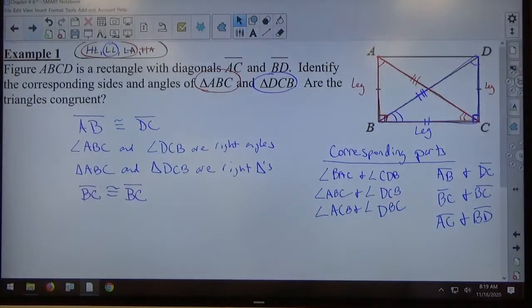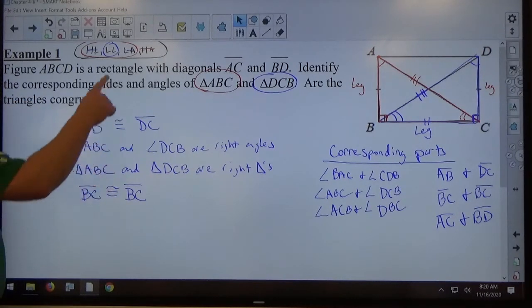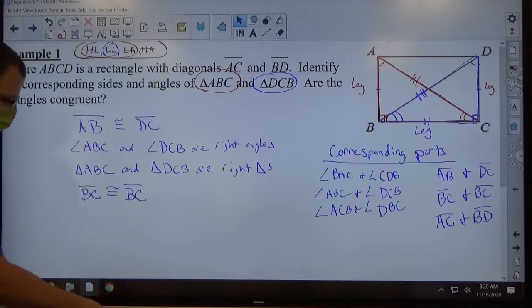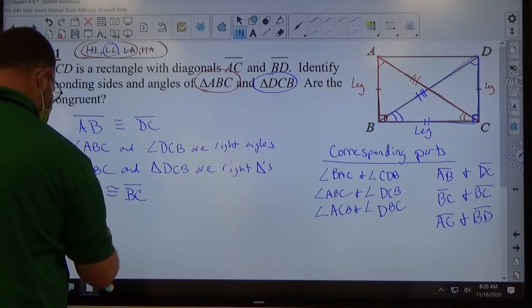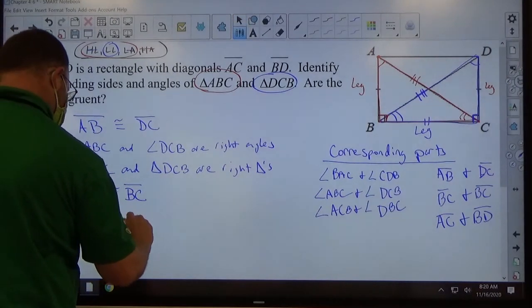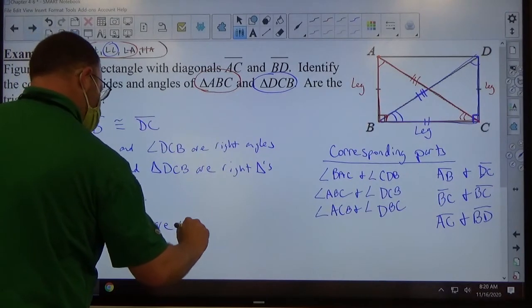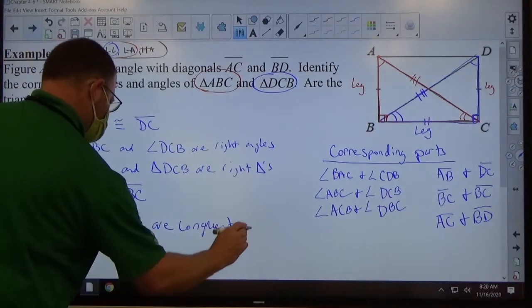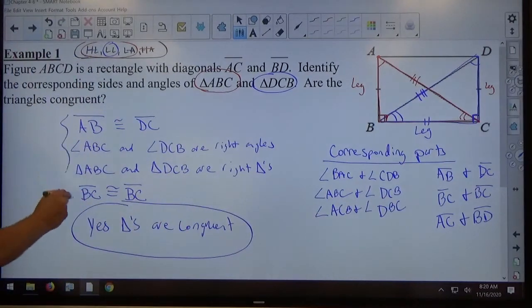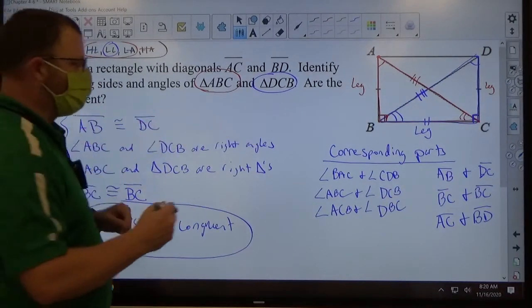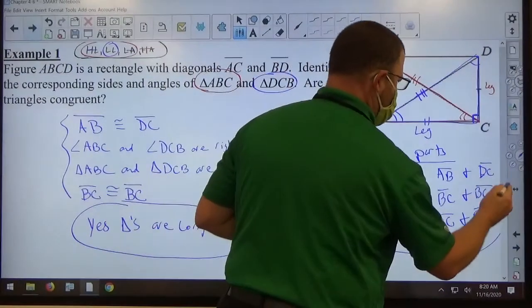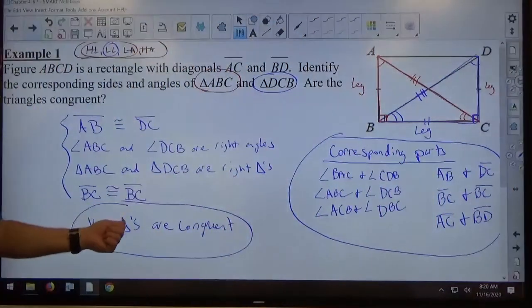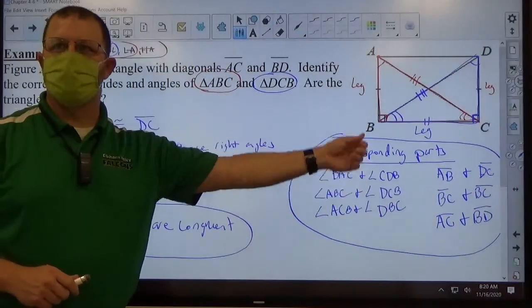If you look at the problem here, we've got everything we need to show by leg that the two triangles are congruent. So are the triangles congruent? Yes, the triangles are congruent. There's the why, and there are the corresponding parts. Once the triangles are congruent, all the corresponding parts are also congruent, so I mark that on the picture.